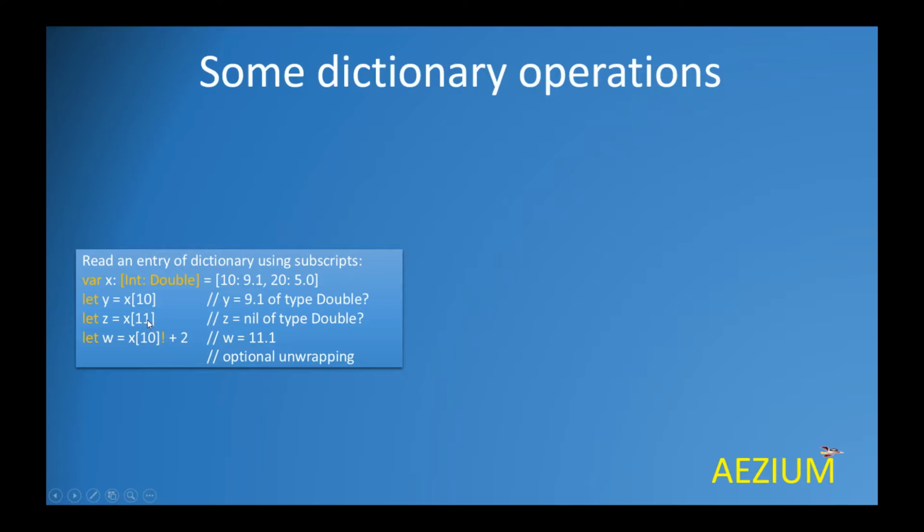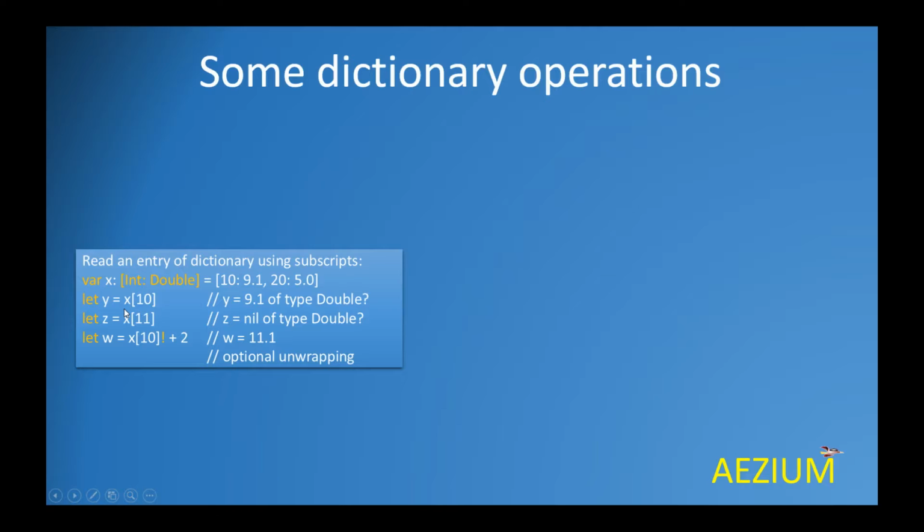Now, to emphasize what I just said, let's look at an example where we try to access a value which has no valid key. Key 11 here is not a valid key, and this would return a nil.